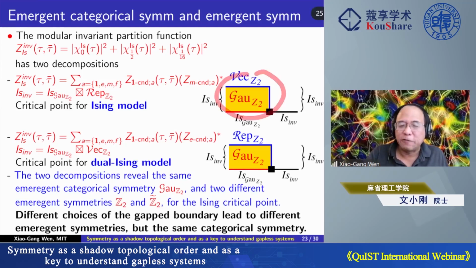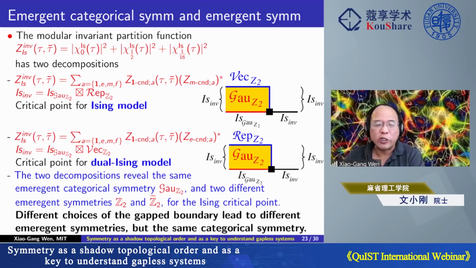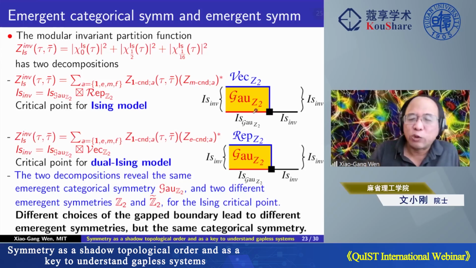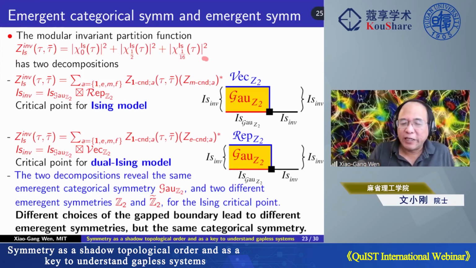Okay. So actually, these two pictures of assigning different gap boundaries actually represent the Kramers-Wannier duality in the Ising model. And so the Ising model is self-dual under this duality transformation. So that's why the two models have the same modular invariant partition function. But actually this picture is also a very general picture to construct duality.